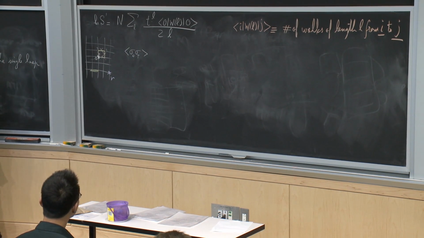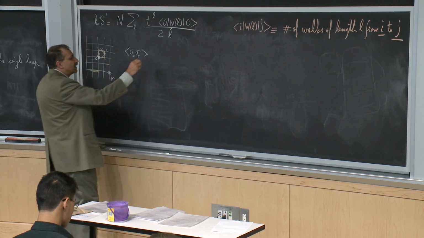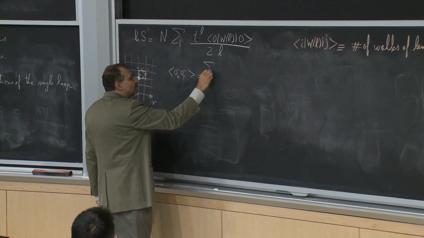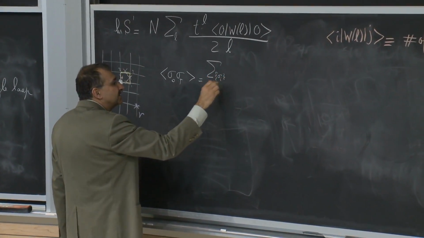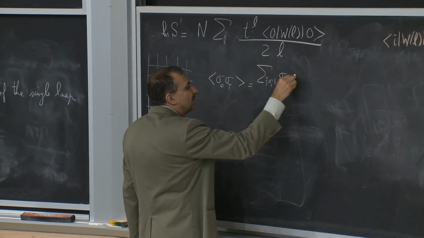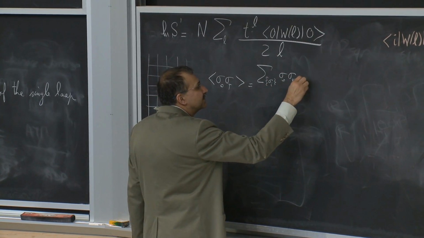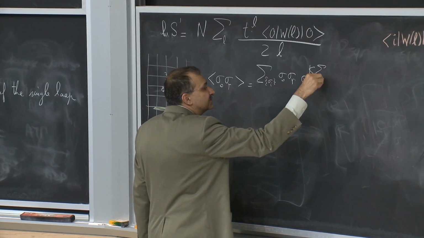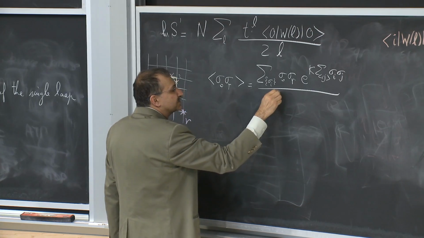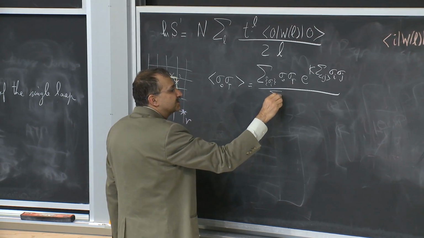Okay? So how do I do that for the Ising model? I have to essentially sum over all configurations with an additional factor of sigma 0, sigma r of this weight e to the k sum over ij, sigma i, sigma j, appropriately normalized, of course, by the partition function.